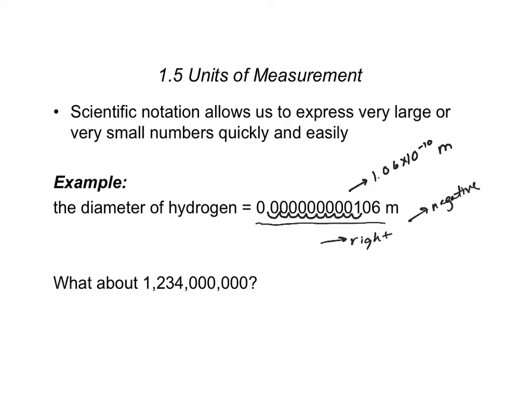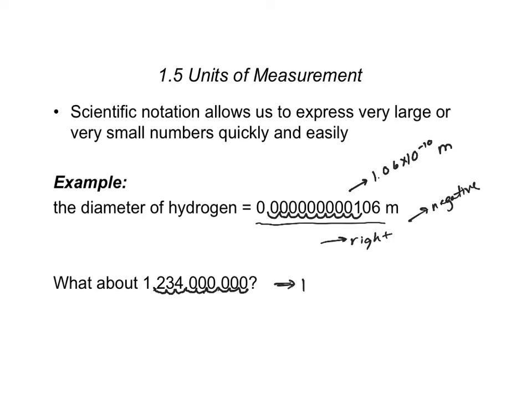Okay. What about a big number? What about this guy? If I wanted to write this with scientific notation, I would count again how many decimal places. 1, 2, 3, 4, 5, 6, 7, 8, 9. So 3, 4, 5. It takes me to get to the last non-zero number, right?